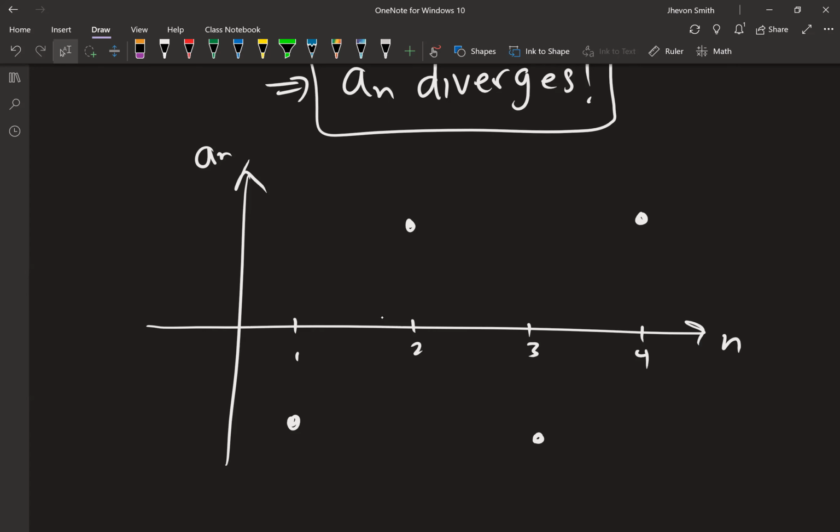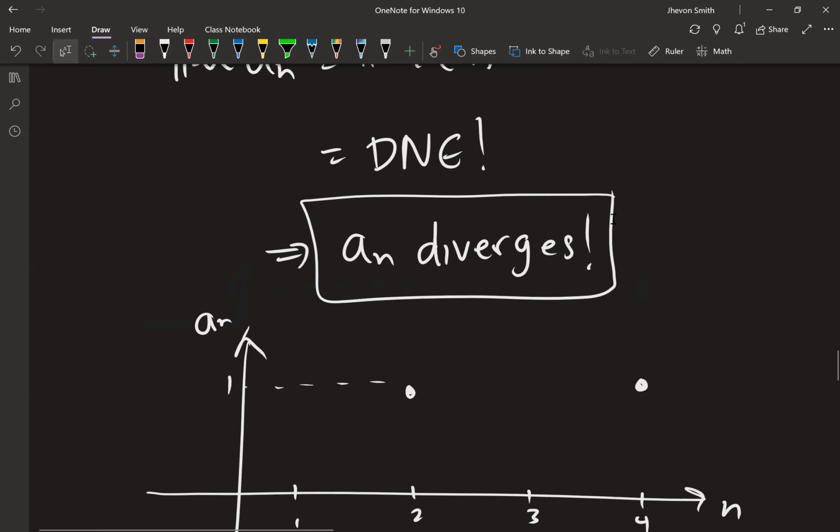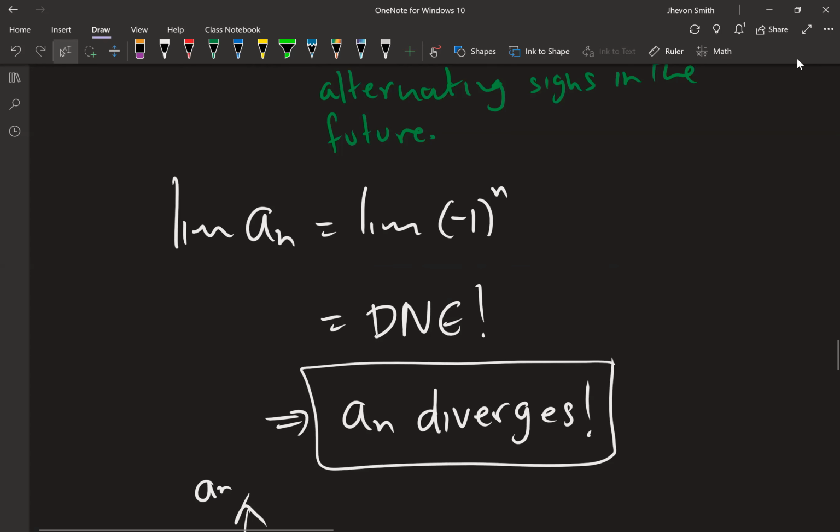It bounces up, down, up, down, and it does this forever. Again, it does not settle at a number. The overall trend isn't anything. Sometimes it's at 1, sometimes it's at -1. So the limit does not exist, and therefore we say that the sequence diverges.